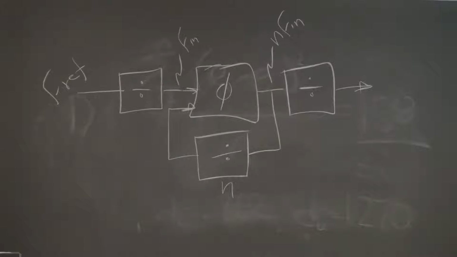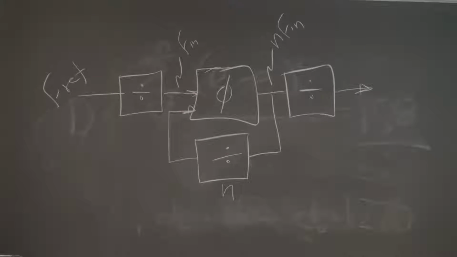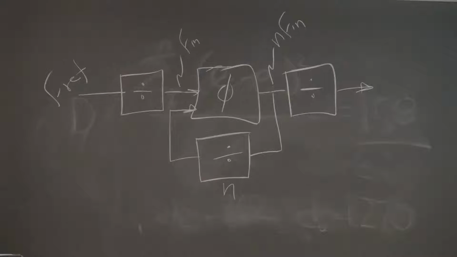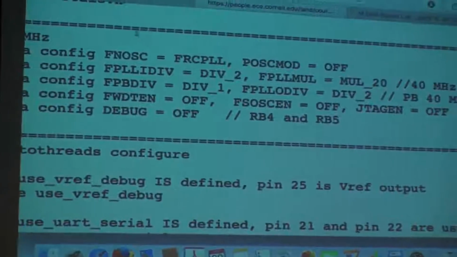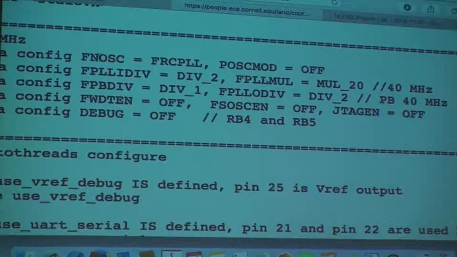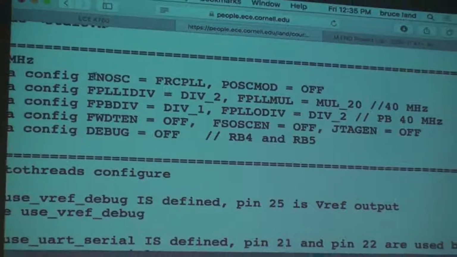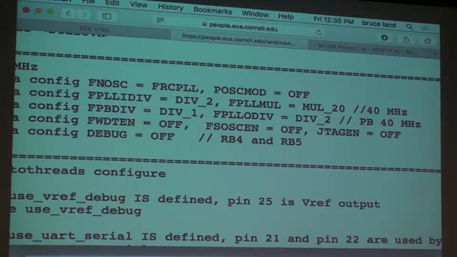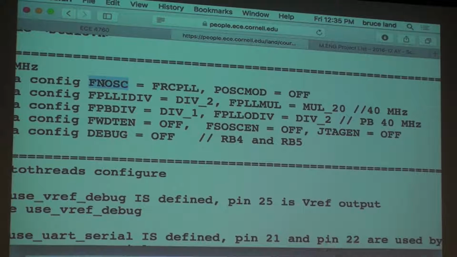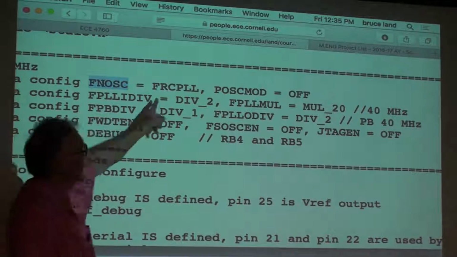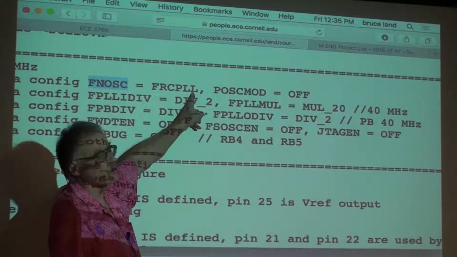So if we go to the config.h file, we see a bunch of really obscure acronyms here, but what we're going to be looking at first is that the oscillator is going to be set to the internal RC oscillator phase lock loop.